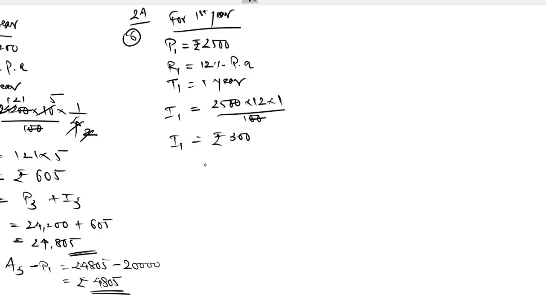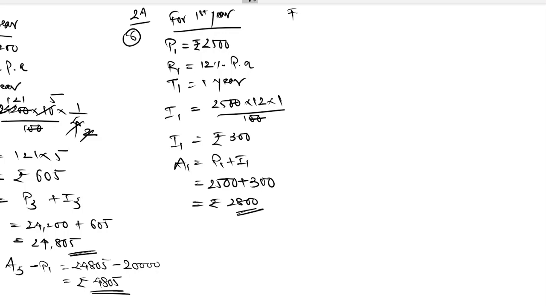So can you tell me what will be A1? A1 will be P1 plus I1, that is 2,500 plus 300, that is rupees 2,800. This will be the amount at the end of first year.